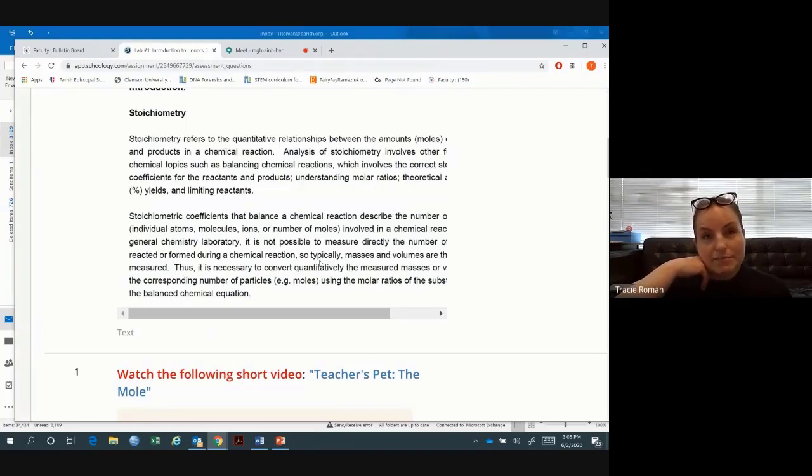So the vinegar is acetic acid. It's an acid. So we would expect the Alka-Seltzer reaction to be stronger in the acetic acid. So we would expect more CO2 to be produced when Alka-Seltzer reacts with an acid.